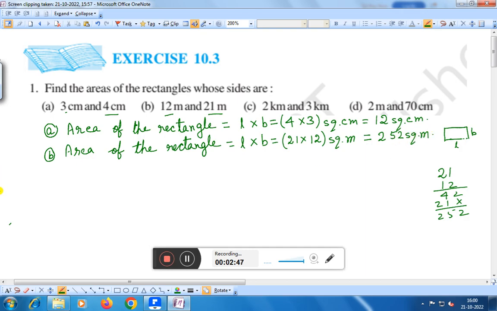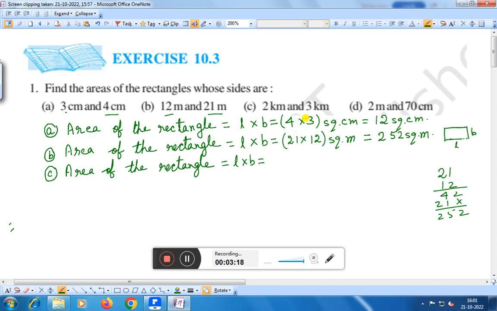Now question number C is 2 km and 3 km. Therefore, area of the rectangle is equal to length into breadth.